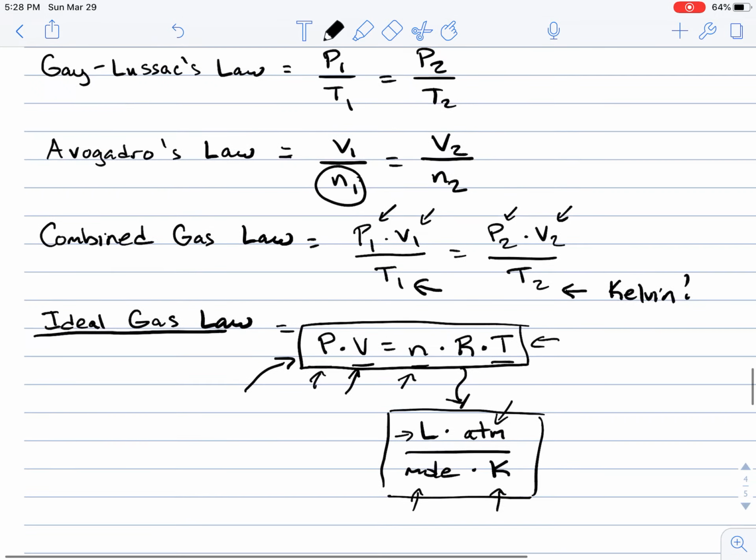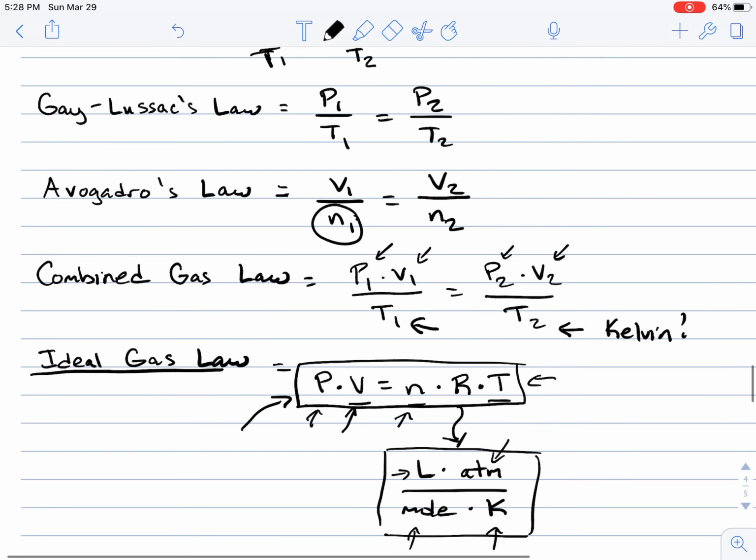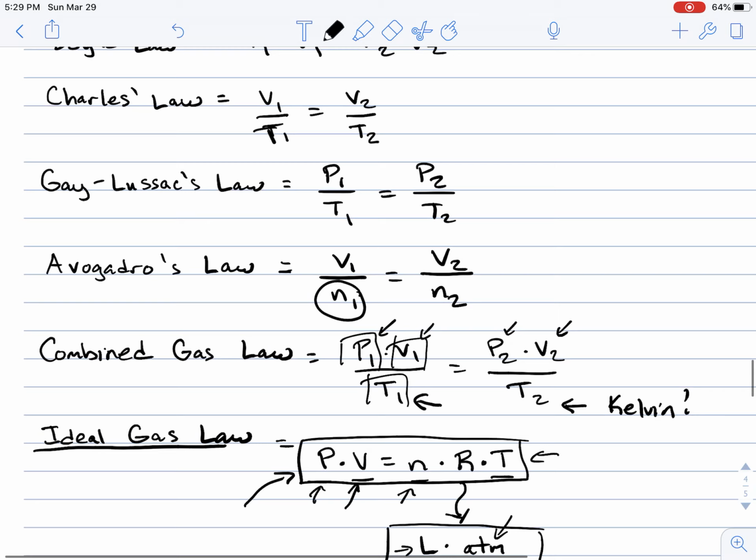Now, if you guys are presented two values for pressure, two values for volume, two values for temperature, and one of those values is the item that you're solving for, then you're probably going to be using the combined gas law. If you're given just two values of volume and two values of number of moles, then you're probably going to be using Avogadro's law.